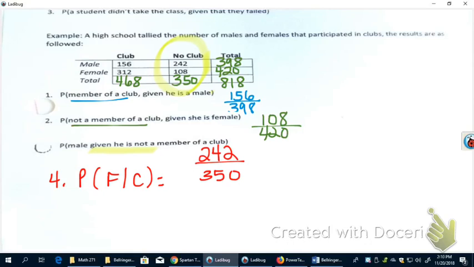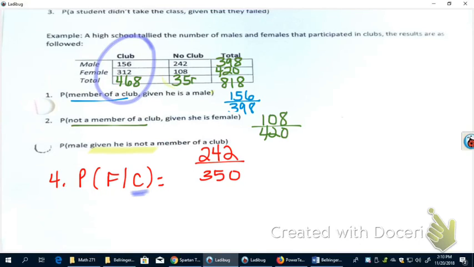All right, this last one, probability of, and this is notation, and the reason I wrote the notation is because on the sheet that you'll be looking at, there will be a couple problems written this way. Instead of in words, they're going to write it this way. Okay? The second thing is the given still. So that part right there means only look at clubs. So I'm only looking at clubs. I'm only looking at that one column.